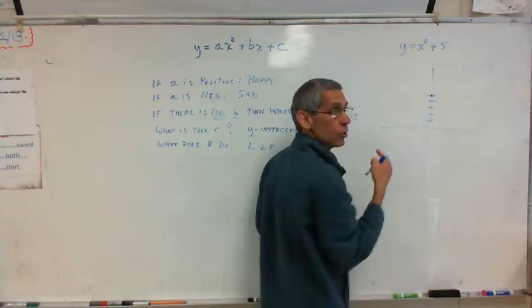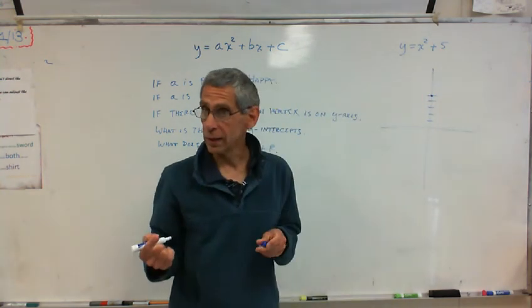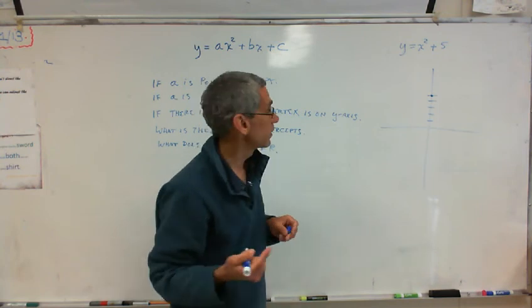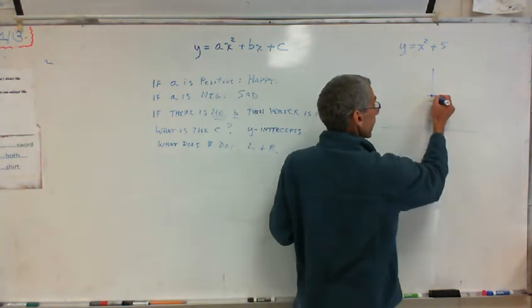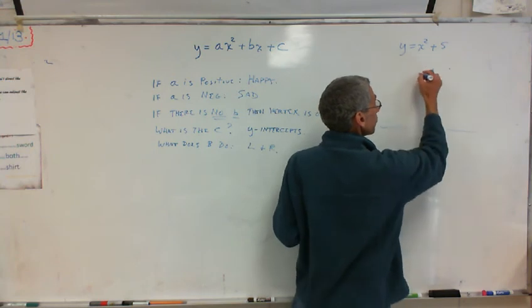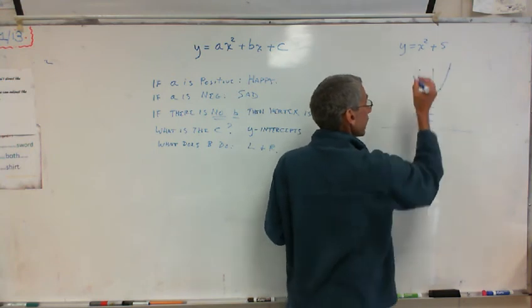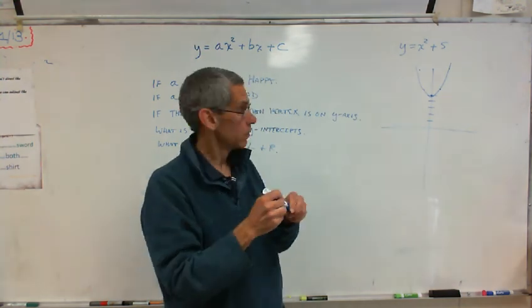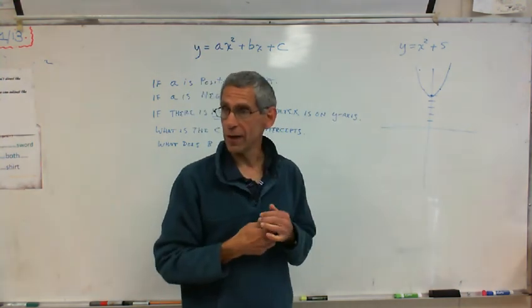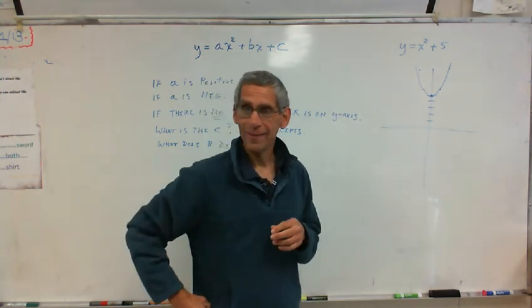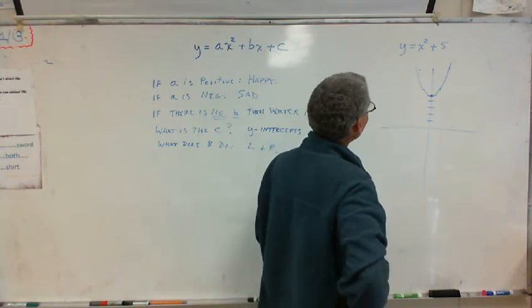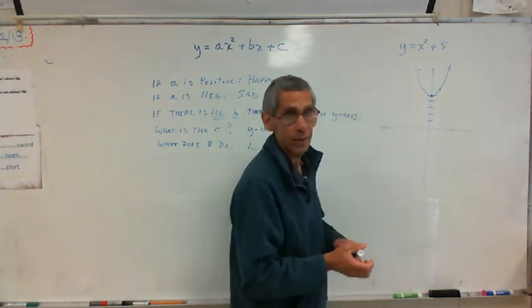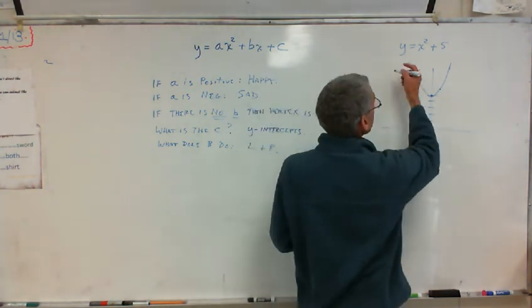The number that has no x attached to it is my y-intercept, right? That's my c. Then I do the standard parabola guy. Over 1, up 1. Over 2, up 4. Over 3, up 9, right? Over 4, up 16. Over 5, up 25, right? Let's do it. We should make the world's largest parabola and paint it on the side of a skyscraper. But watch this. Over 10, up 100.